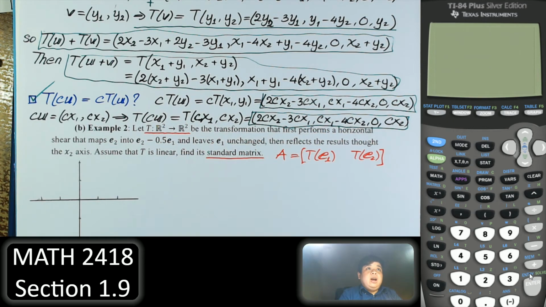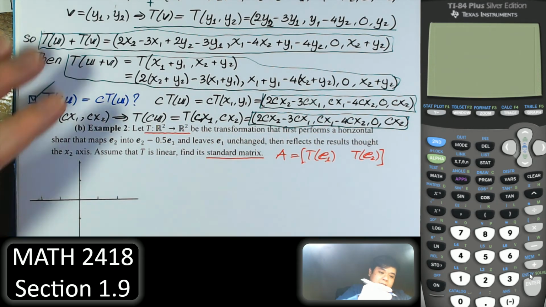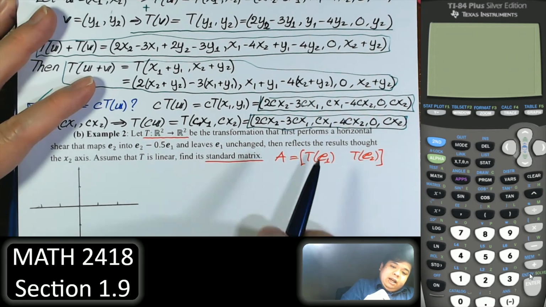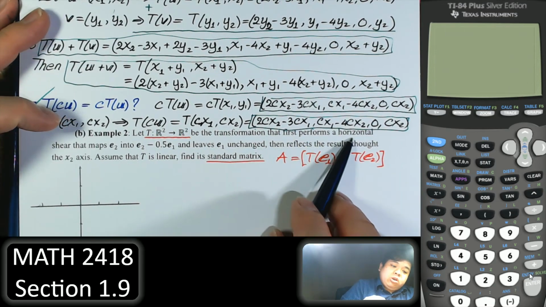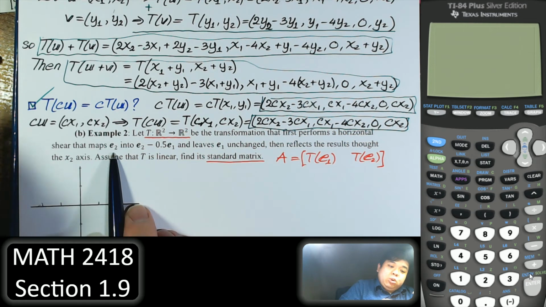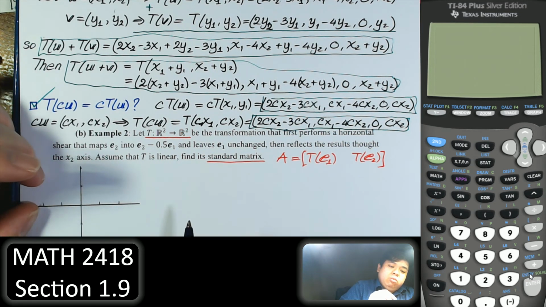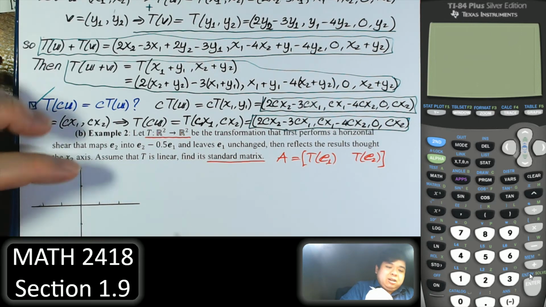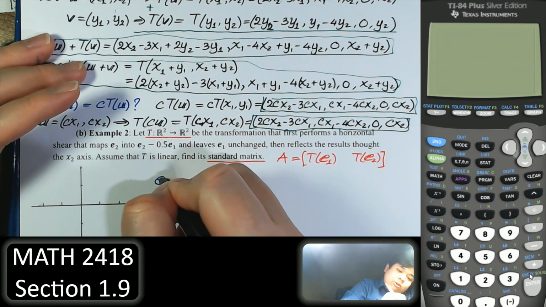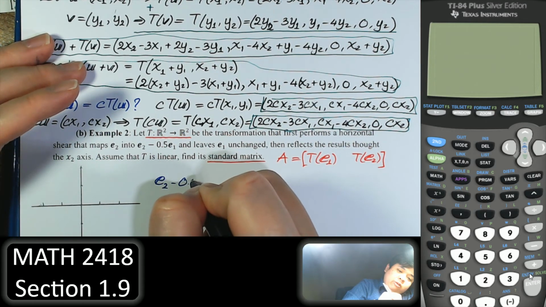Right. First, the transformation. The first, a horizontal shear, maps E2 onto E2 minus 0.5 E1. So what is that? E2 minus 0.5 E1.